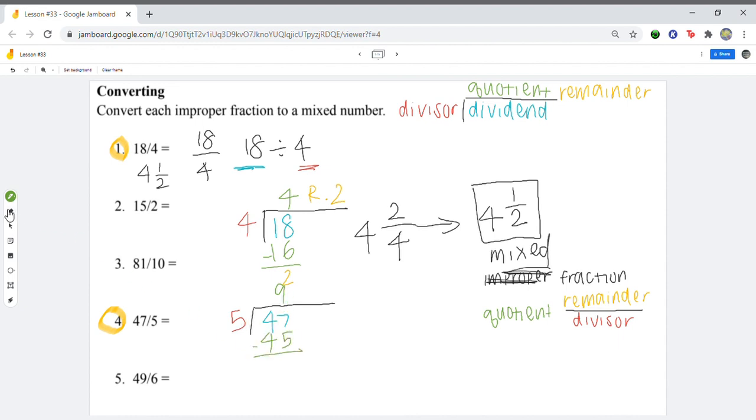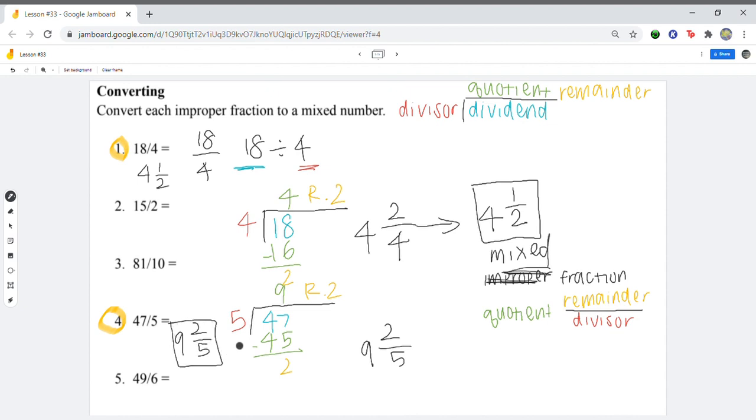Once you subtract this, it will be our remainder, 2. And then I'm just going to place the remainder over here. So now we know our quotient, our remainder, our divisor, and I just have to put it into this format, and that would be it. So we should be able to get 9 and 2 fifths.